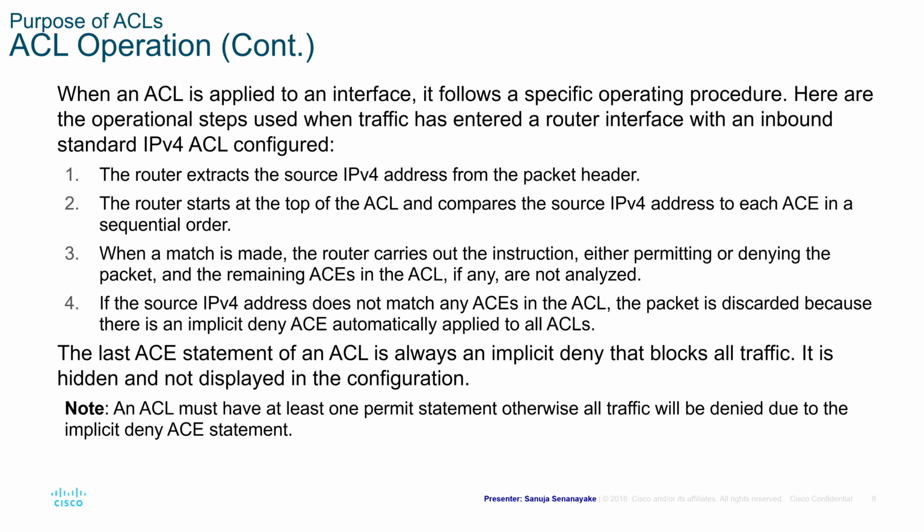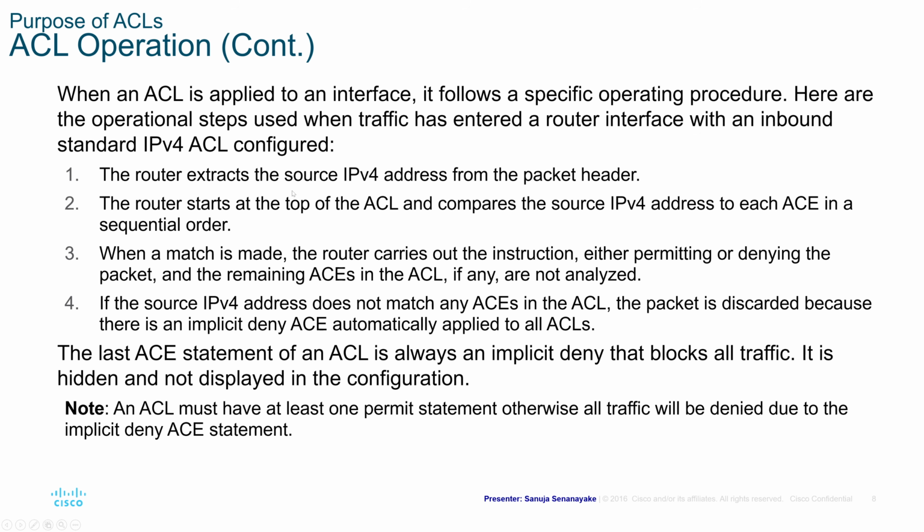When an ACL is applied to an interface, it follows a specific operating procedure. Here are the operating steps used when traffic has entered a router interface with an inbound standard IPv4 ACL configured. So we are looking at the procedure or the steps the system would take when an IPv4 ACL is applied to an inbound interface, which is a standard ACL.